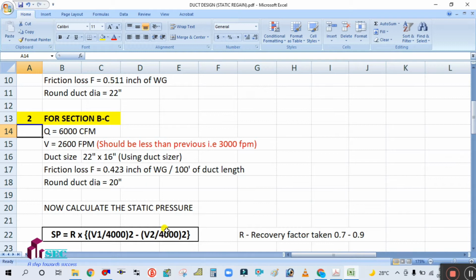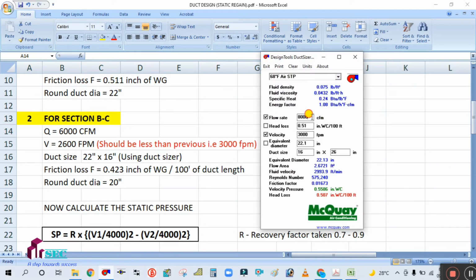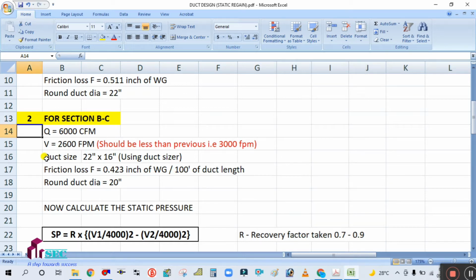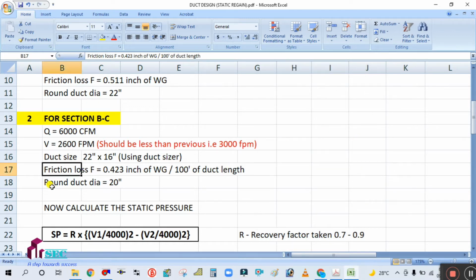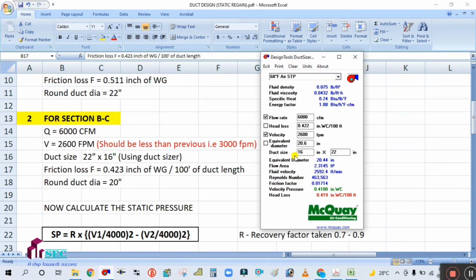Using these two values, enter 6000 and 2600 in the duct sizer program, then check the duct size. You can see the duct size is 16 by 22 inch, the friction loss is 0.422 inches of water gauge per 100 feet of duct length, and the round duct diameter is 20 inch.